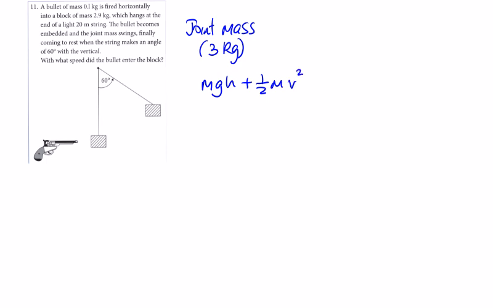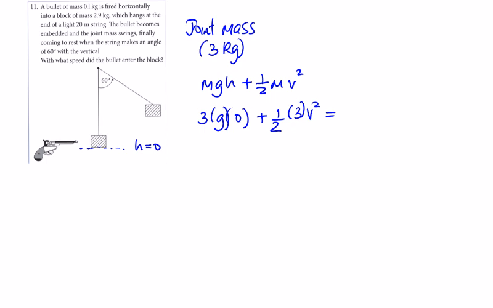So we have m, which is 3, by g by h, which if we take this line as h equal to 0, by 0, plus half 3 times this v squared, that's going to be equal to the combined amount afterwards. So how far does it rise here?